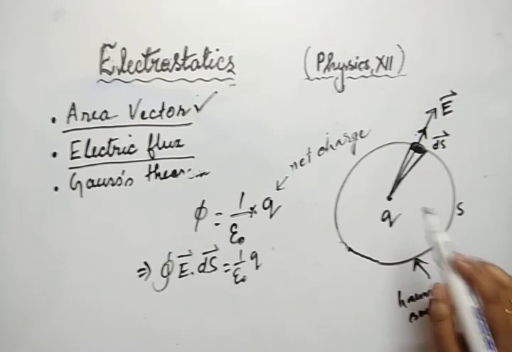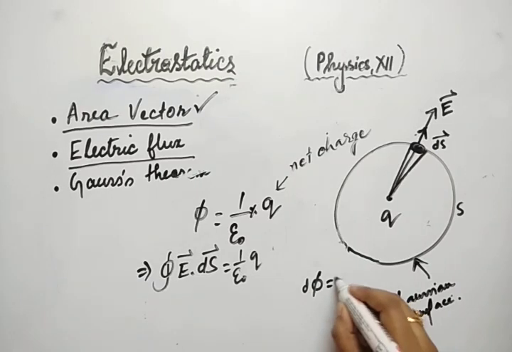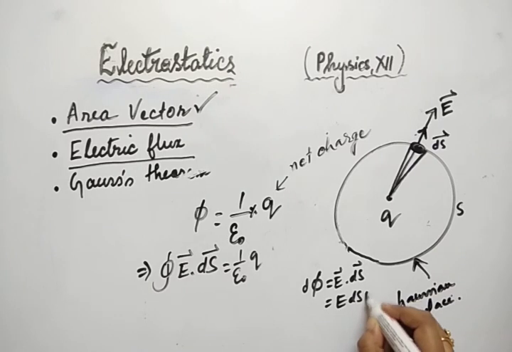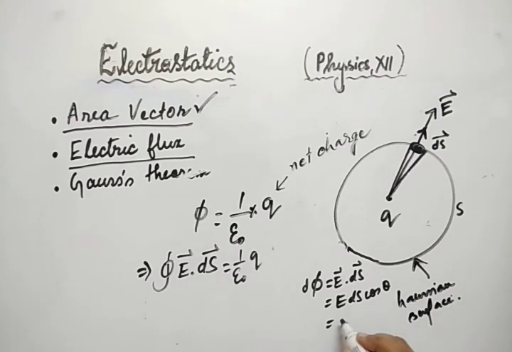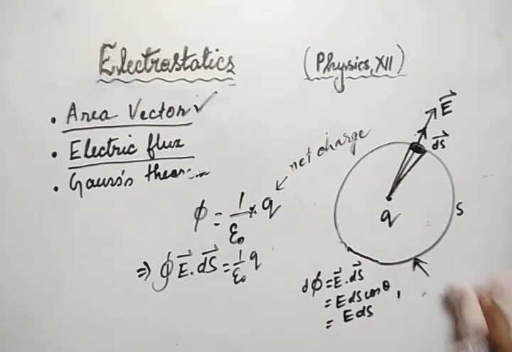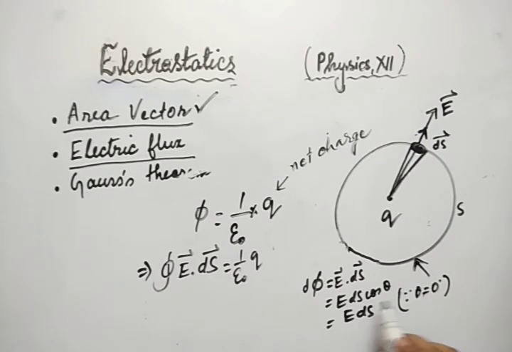In this case, if we had to calculate phi, d phi is E dot ds, or we can write it as E ds cos theta, so it would be E ds cos 0 degrees. That means E ds, since theta equals 0 and cos 0 equals 1.